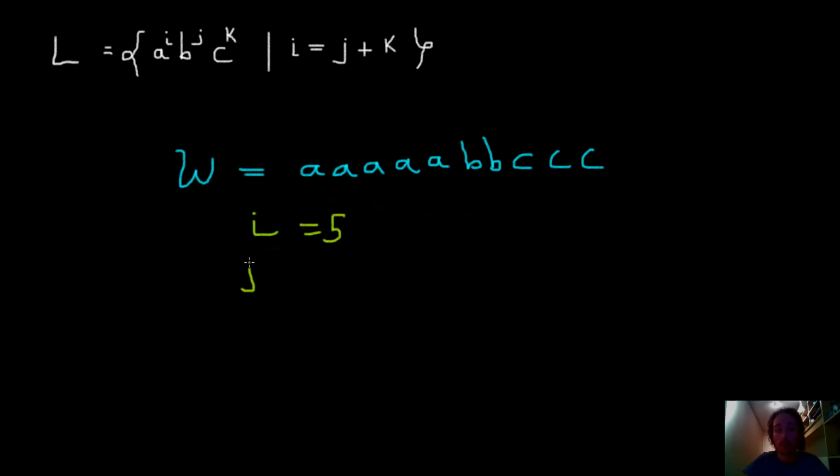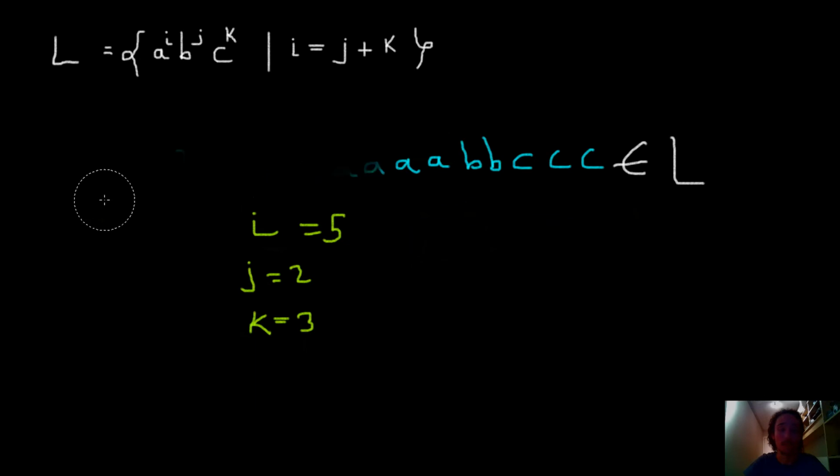How many b's? Well, we have 2 b's. How many c's? We have a total of 3 c's. And as we can see, 5 is equal to 2 plus 3. So we have the format satisfied on one side, and we also satisfy the equation. So we conclude that this word belongs to the language, right? As we can see, it is pretty simple.